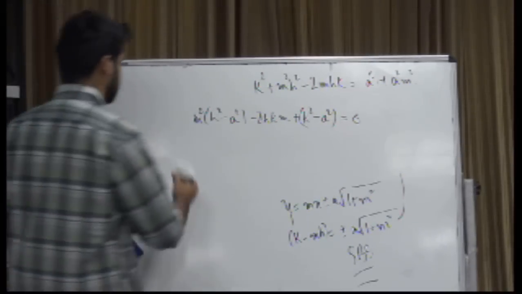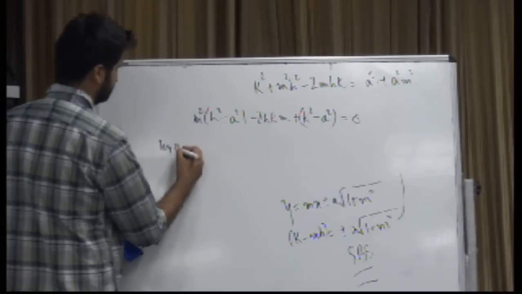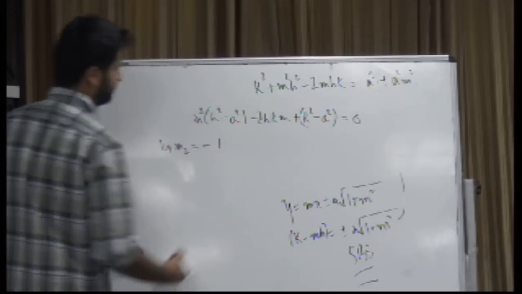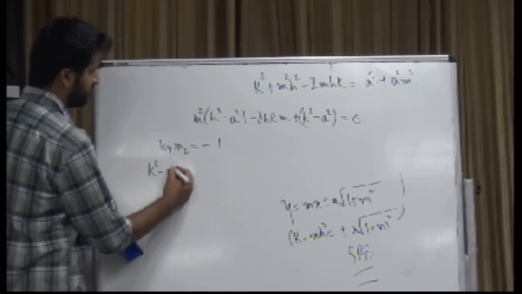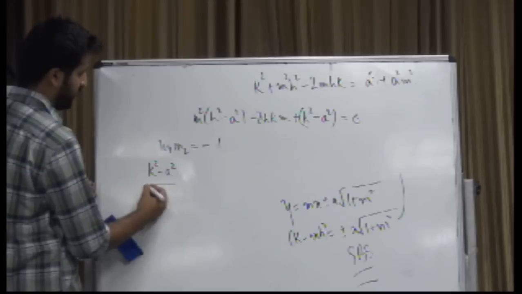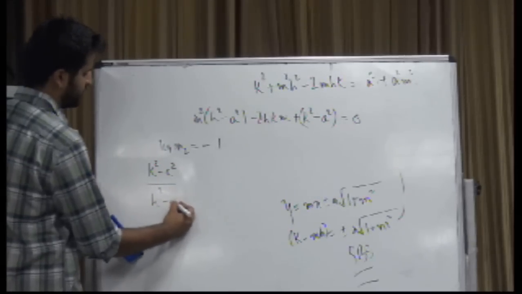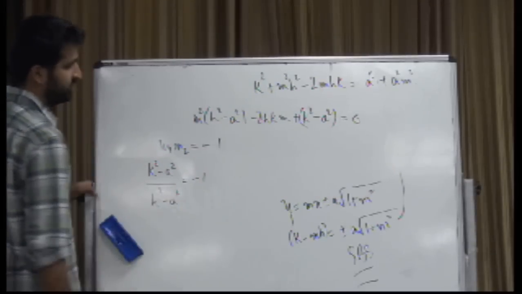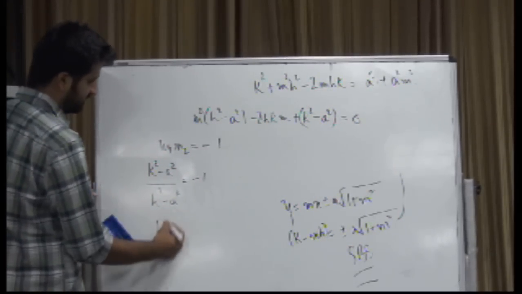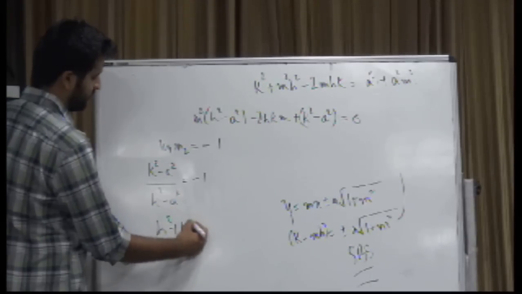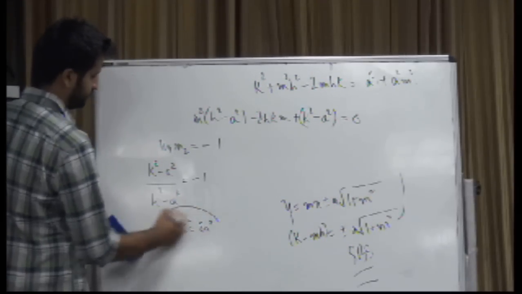The product of roots is equal to minus 1. So you get (k square minus a square) upon (h square minus a square) is equal to minus 1. If you open these terms, you will get h square plus k square is equal to 2a square.